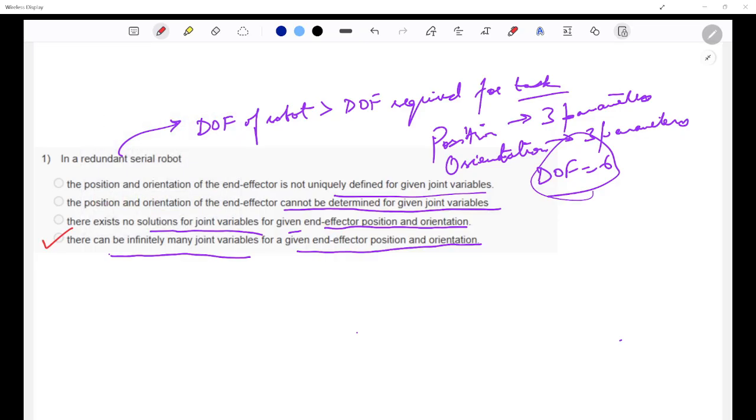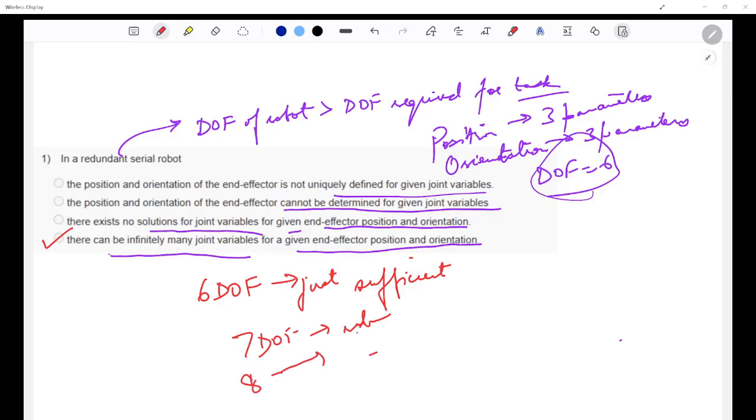So, as I said, 6 DOF is just sufficient for navigation in 3D space. 7 DOF is redundant. 8 DOF is also redundant. Human arm has 7 degrees of freedom, and many industrial manipulators usually have 6 degrees of freedom. So what does redundancy mean?